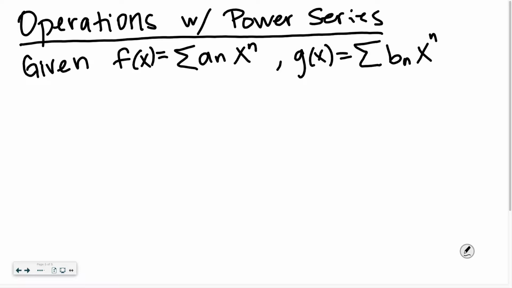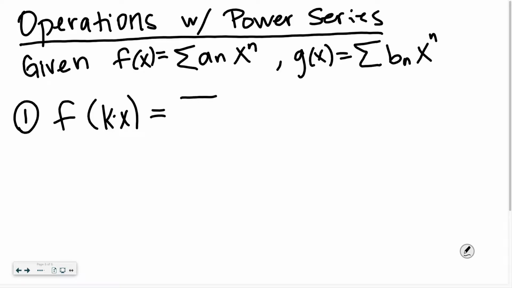Operations. If there is a constant multiplied to x, can you just take it out and multiply it to a?